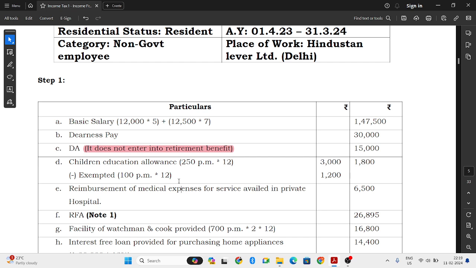Here only for one child she is getting the allowance, so 100 into 12 will be 1,200 exempted. Out of 3,000, after the 1,200 exemption, the remaining 1,800 will be taxable.